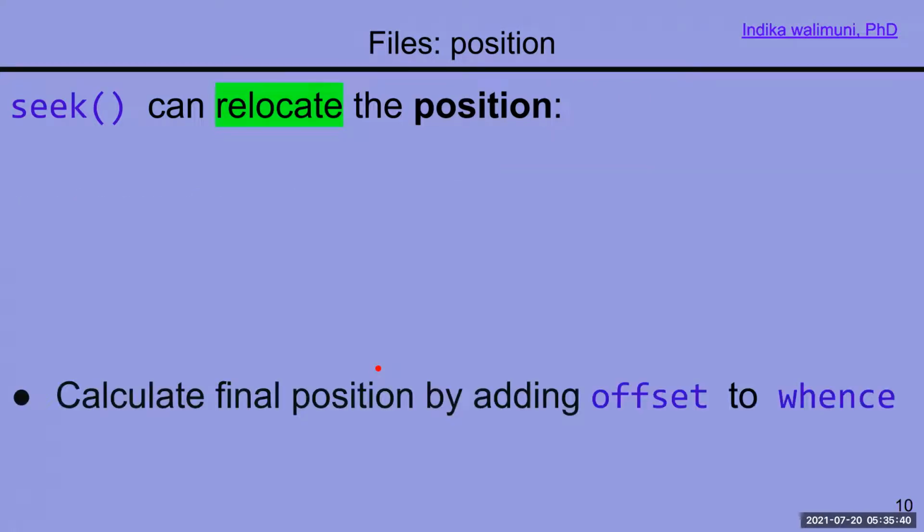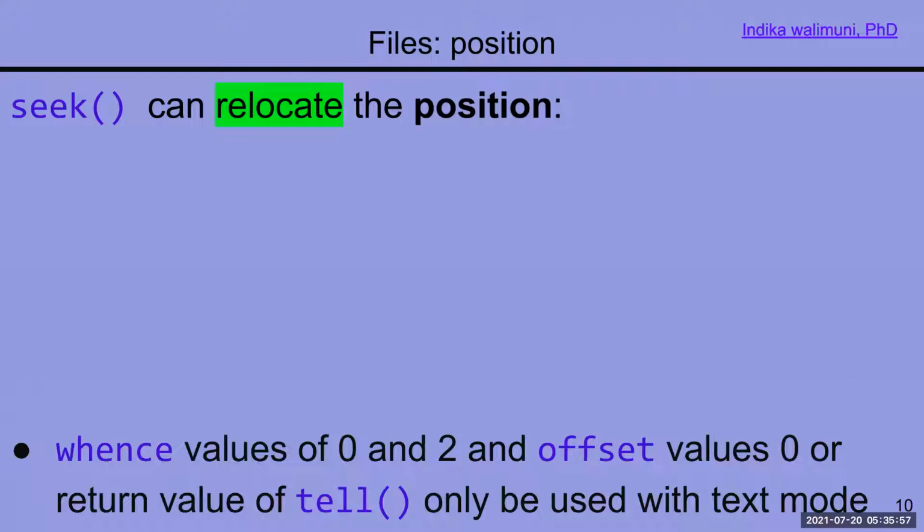All right. So we calculate the final position by adding offset to whence. So whence values of 0 and 2 and offset value of 0, or the return value of tell, are the only things that we can use with text mode.